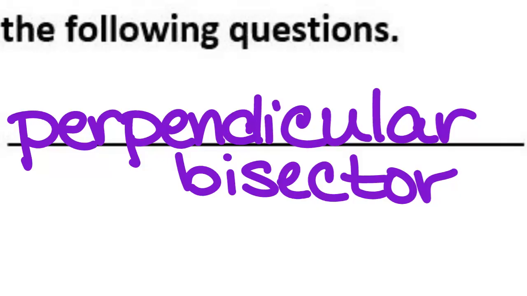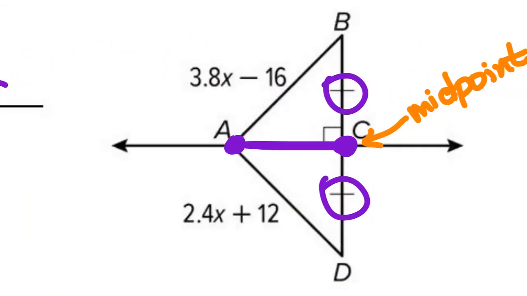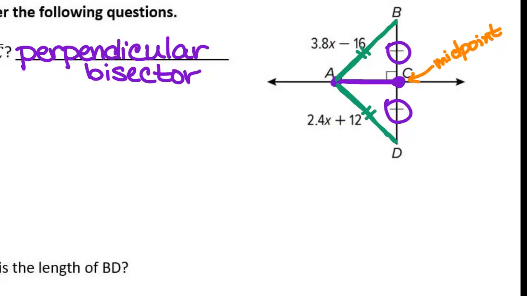Find the length of segment AB. So one of the properties of a perpendicular bisector is that any point that is on the perpendicular bisector of a segment is equidistant from the endpoints of that segment. So the distance from A to B, because A is on the perpendicular bisector, is the same as the distance from A to D, because B and D are the endpoints of the segment that's being bisected.